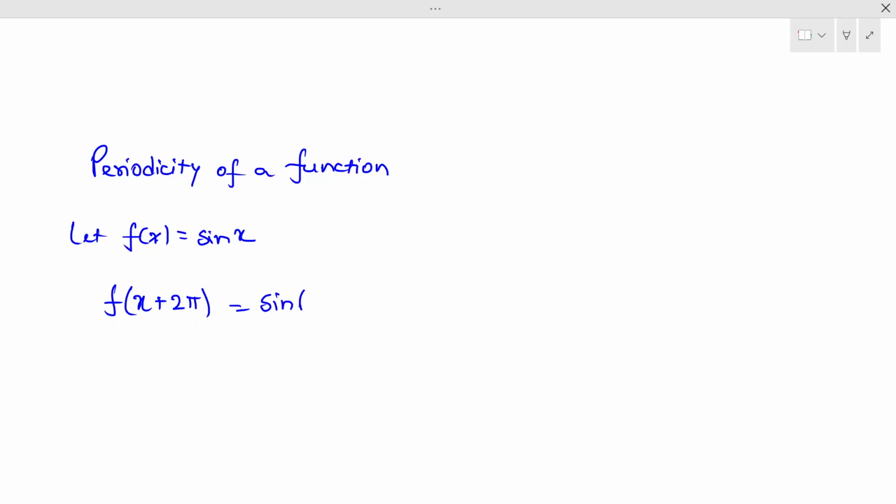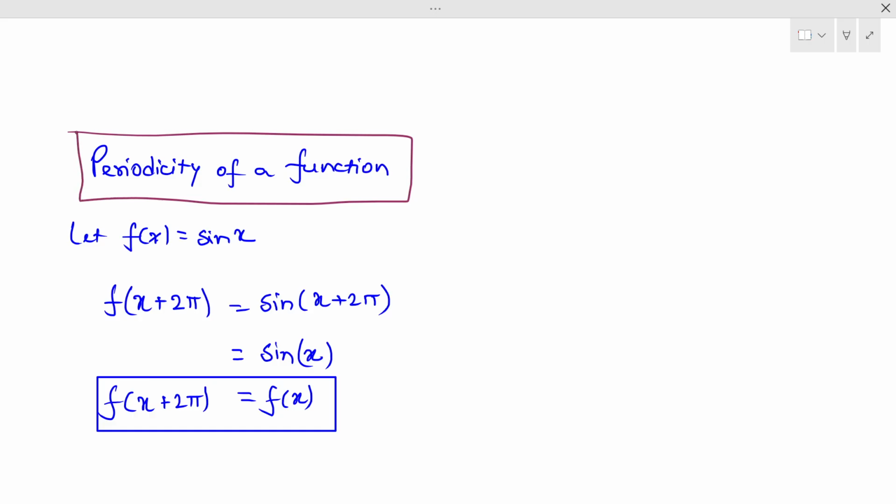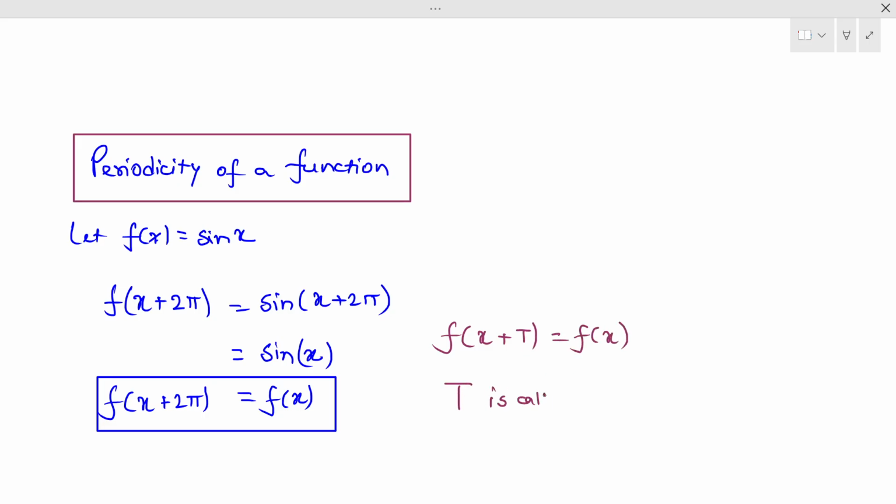That will be sin of x plus 2 pi, which will be sin x only. Period means that after a certain interval, the function repeats itself. The smallest such interval is called the period of the function. So if f of x plus T equals f of x, then this T is called the period of the function.